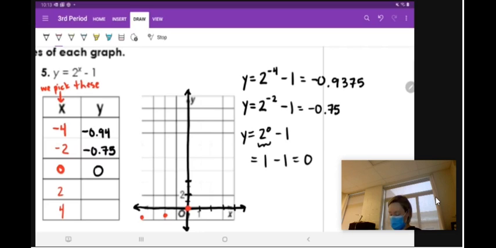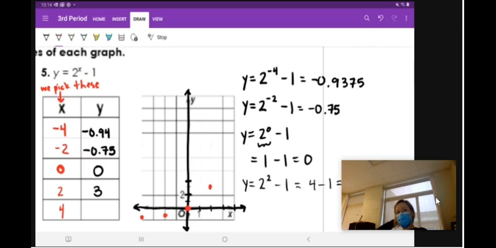Now let's plug in 2. So we'll get y equals 2 to the 2nd minus 1, which is 4 minus 1, which is 3. That'll give us the point 2 comma 3, which is about there, I think.